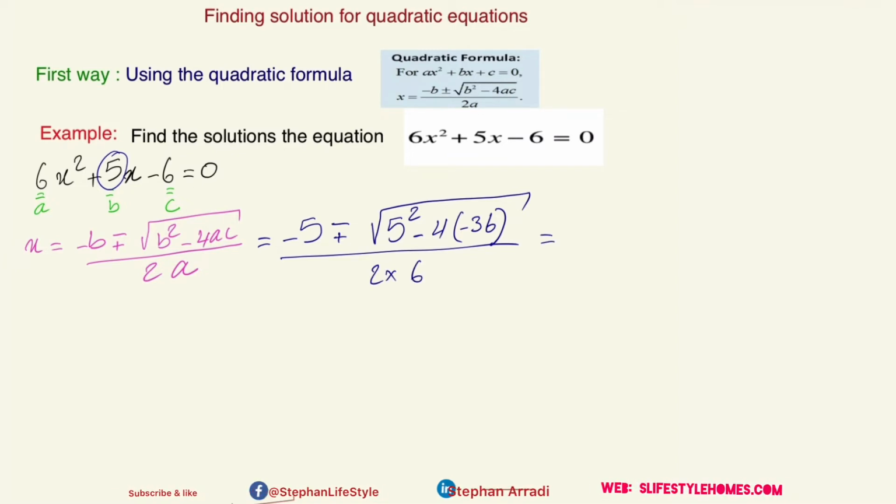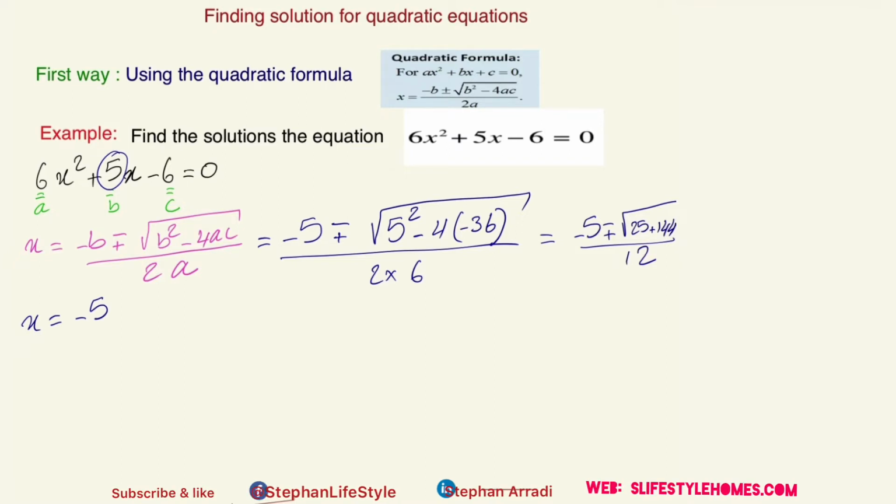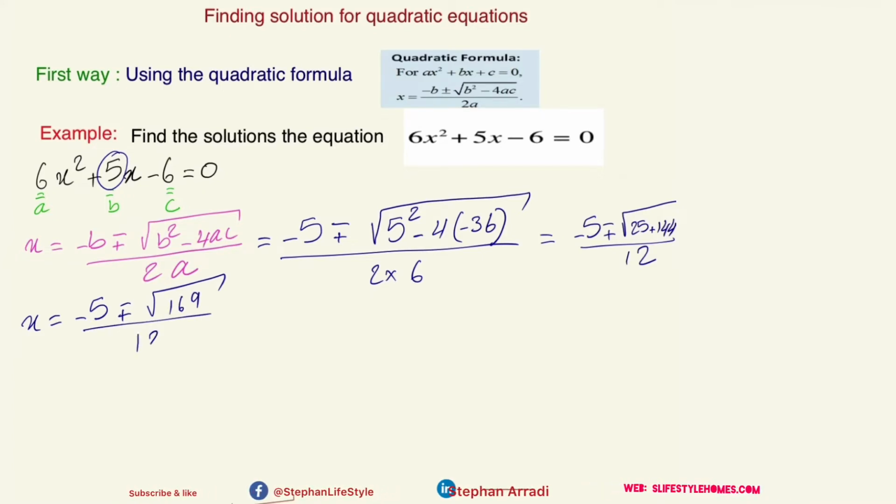That gives us minus 5 plus or minus the square root of 25 plus 144, since 4 multiplied by 36 is 144, over 12. So x is equal to minus 5 plus or minus the square root of 169 over 12.